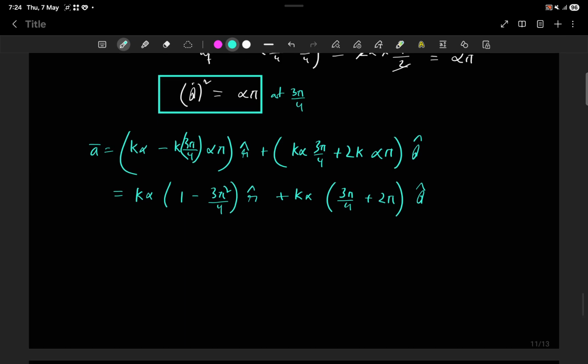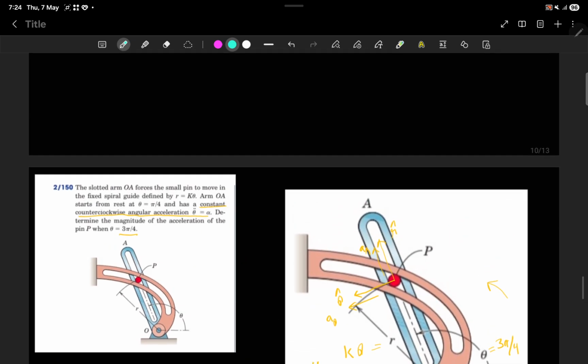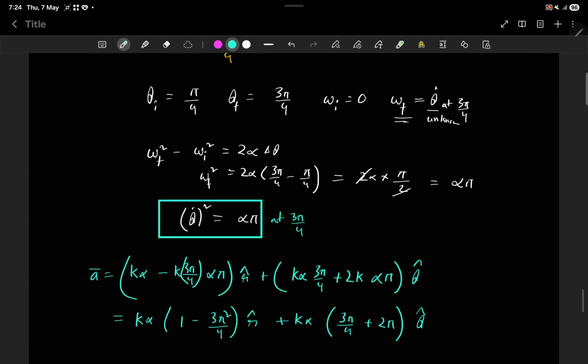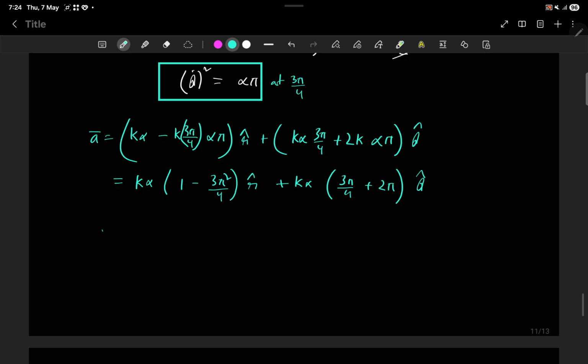I have been told to find the magnitude of the acceleration of the pin P. So the magnitude of A will be the square of this term plus the square of this term, whole square root.